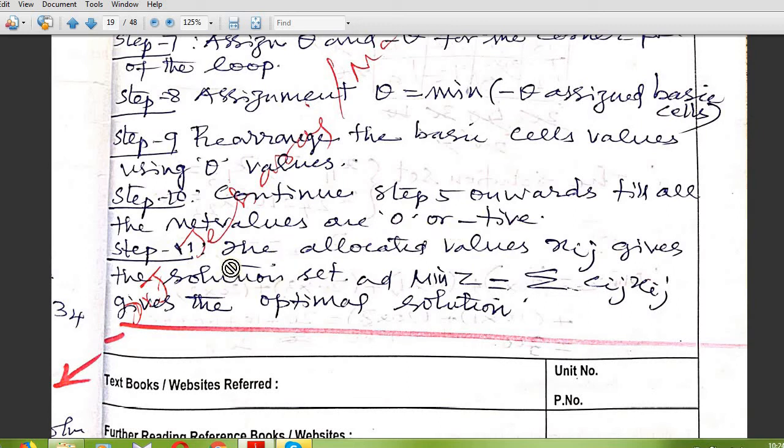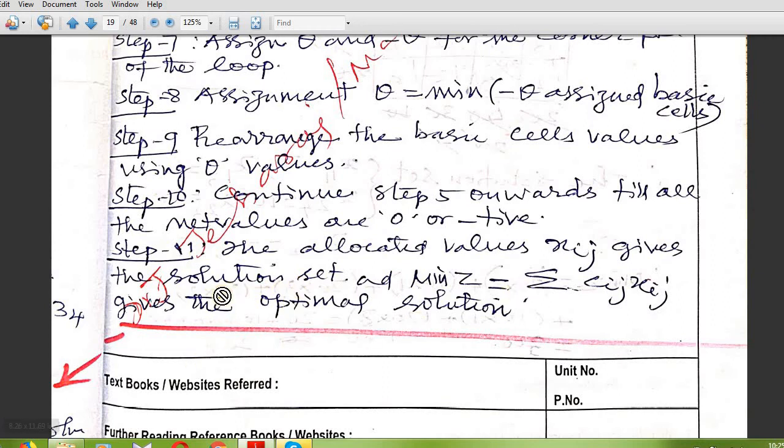Then the allocated values Xij give the solution for the problem. The minimum cost will be equal to the summation of the products of Cij and Xij, the transported values multiplied by the corresponding transportation cost per item, and that gives the optimal solution for our problem.